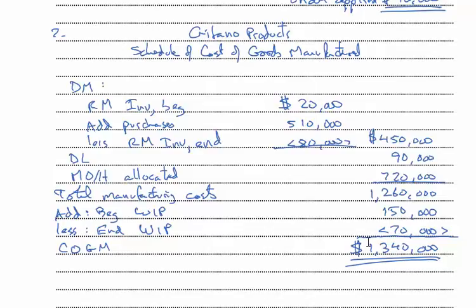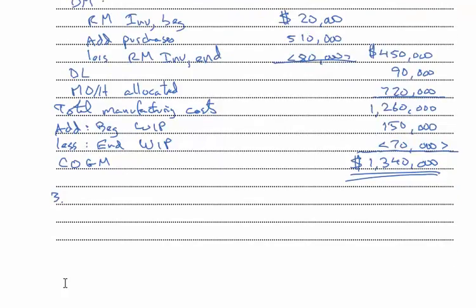Number 3, compute the cost of goods sold for the year. Do not include any under or over applied overhead in your cost of goods sold figure. Right. So finished goods inventory beginning 260,000. Cost of goods manufactured 1,340,000.